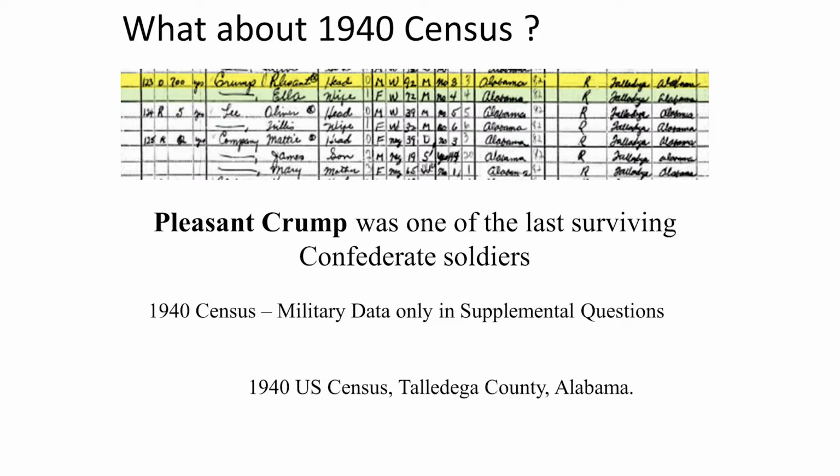Pleasant Crump was one of the last surviving Confederate soldiers, not here in Tennessee, but in Alabama, but he fought here. And so in the 1940 census, he is there, but the only indication of military data in 1940 is what's called the supplemental questions, and that would be 3 or 4 people at the very bottom of the page. So if your ancestor was chosen for the supplemental data, that's all that's there in the 1940 schedule.